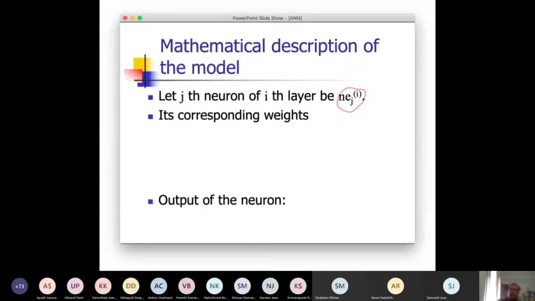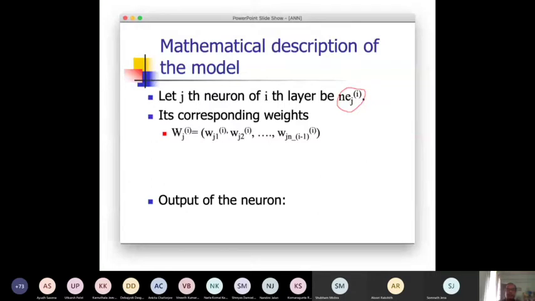And it will also have its corresponding set of weights which are connected to the neurons of the previous layer. This neuron is connected from the (i-1)th layer by a different set of inputs.